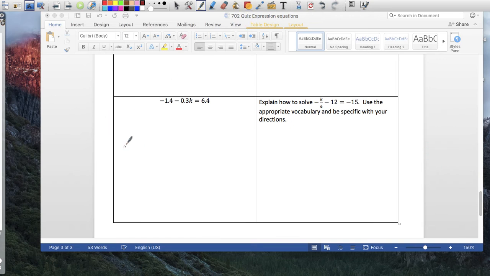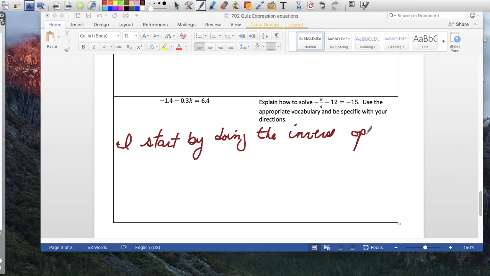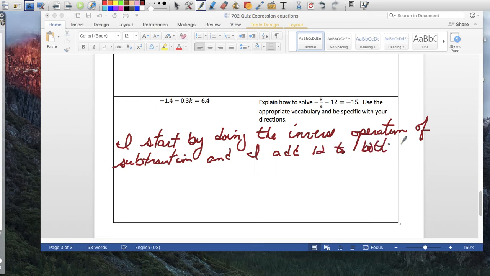All right, so I start by doing the inverse operation of subtraction, and I add 12 to both sides.